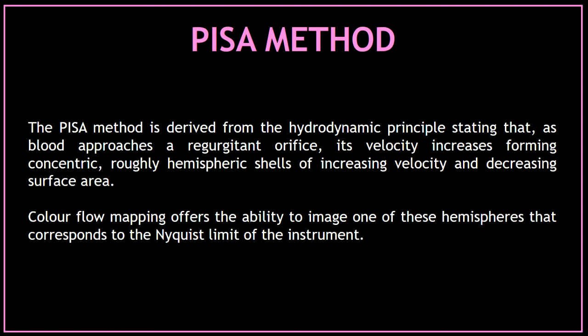The PISA method is derived from the hydrodynamic principle stating that as blood approaches a regurgitant orifice, its velocity increases, forming concentric and roughly hemispheric shells of increasing velocity and decreasing surface area. Color flow mapping offers the ability to image one of these hemispheres that corresponds to the Nyquist limits of the instrument.